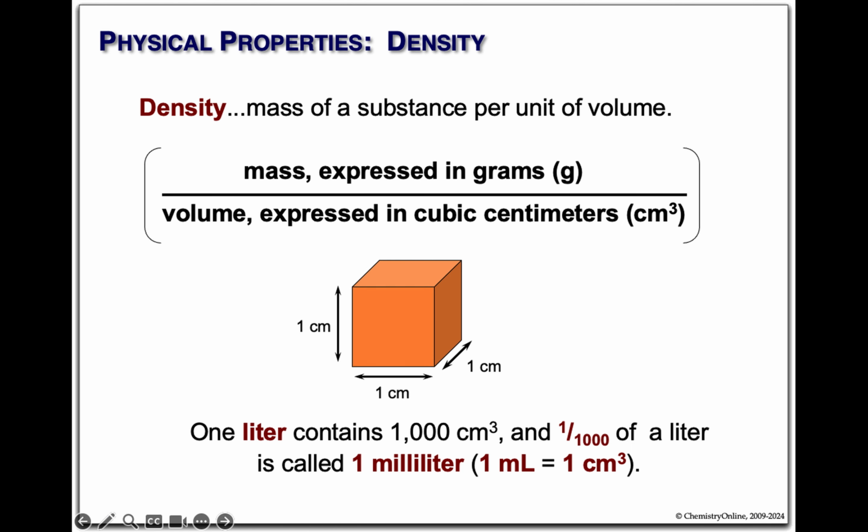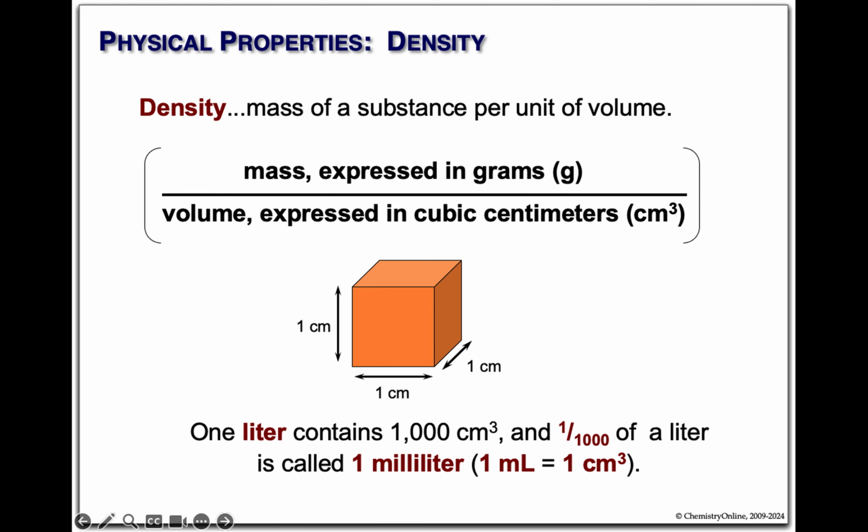For volume, cubic centimeters, remember, are exactly the same as a milliliter. When we're talking about densities of solids, we tend to use cubic centimeters. When we do liquids, we use milliliters. 1,000 mils is a liter.